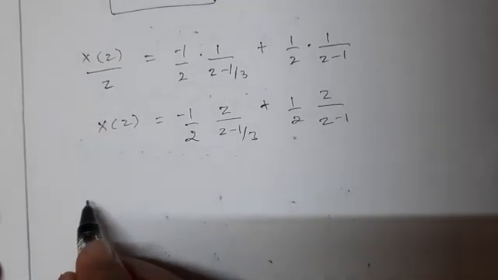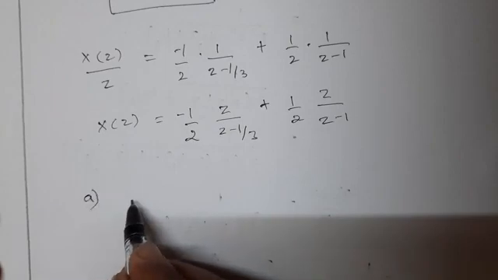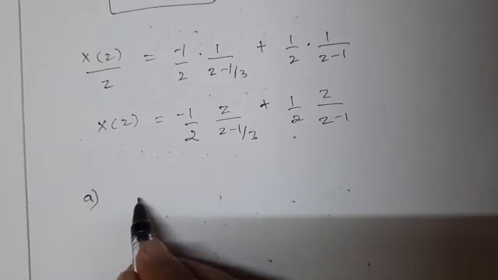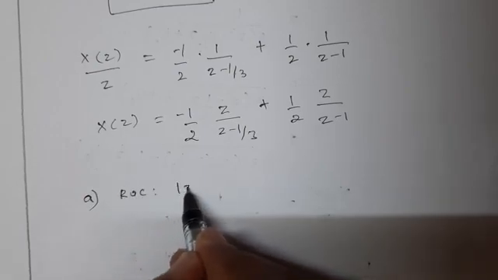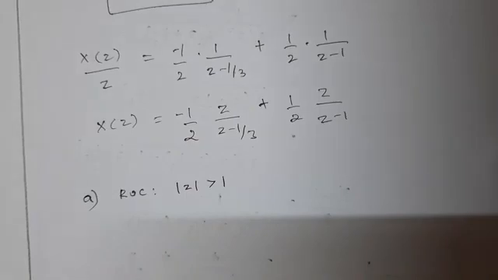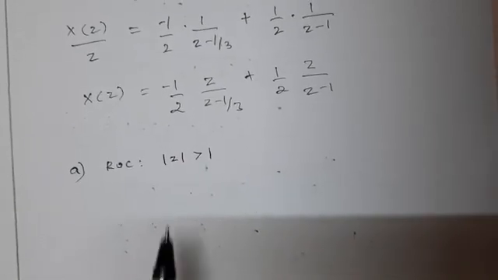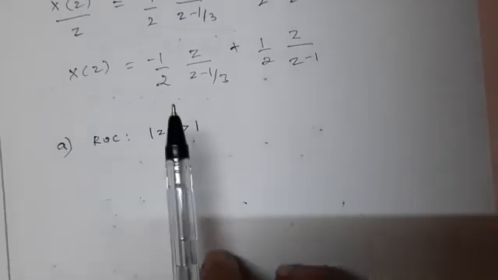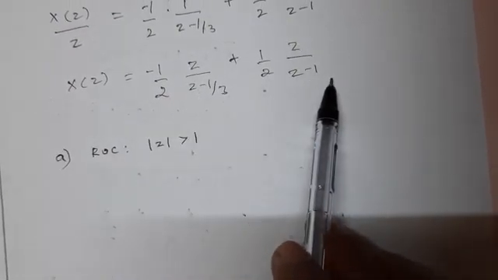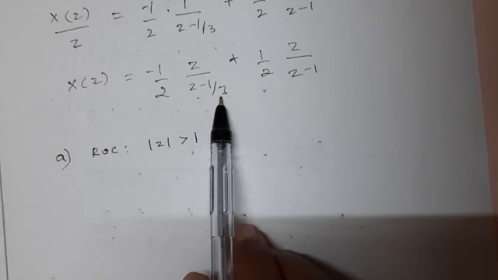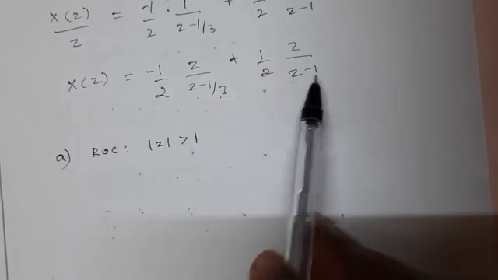The first case is ROC |z| > 1. What does |z| > 1 mean? There are two poles here. You can observe this equation: z divided by (z - 1/3) and z divided by (z - 1). z = 1/3 is one pole, z = 1 is the second pole.